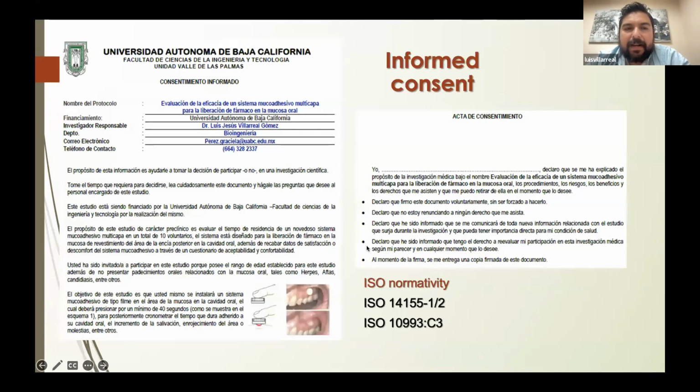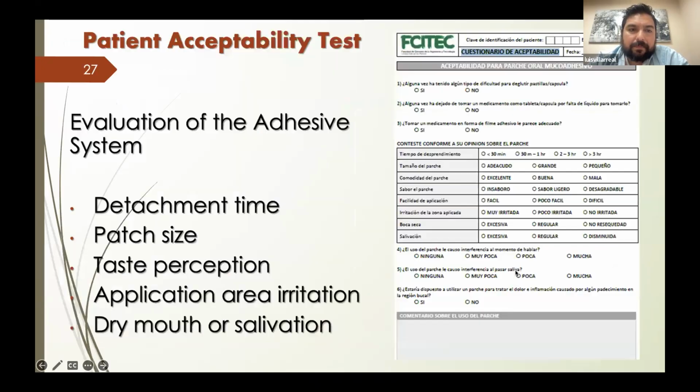We prepare a document to inform the volunteers of the project. They sign, and they were cited, had it explained, and were educated about the topic of the research, using the normativities that are shown here.